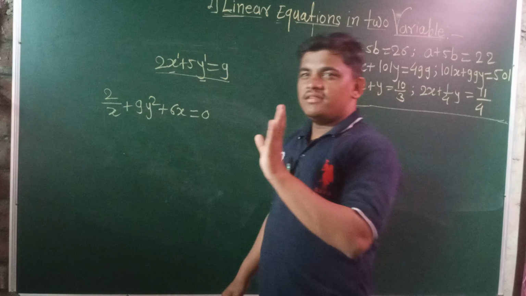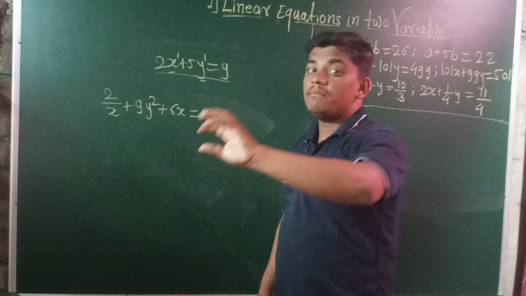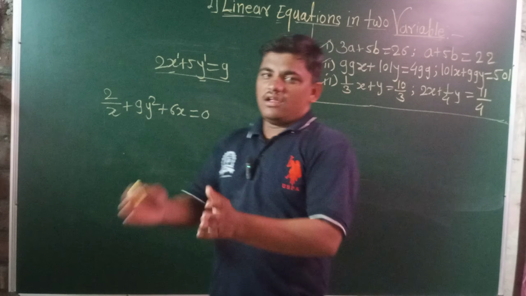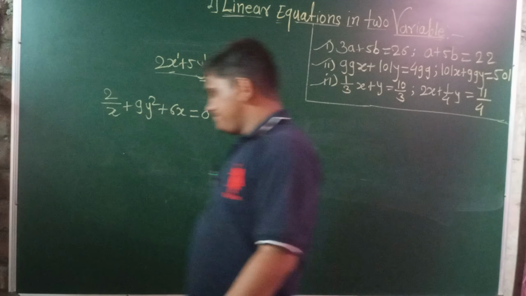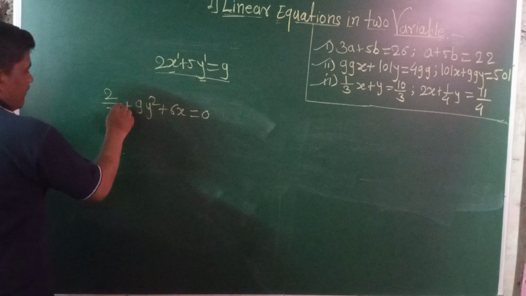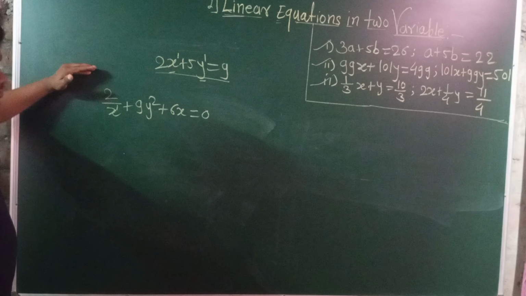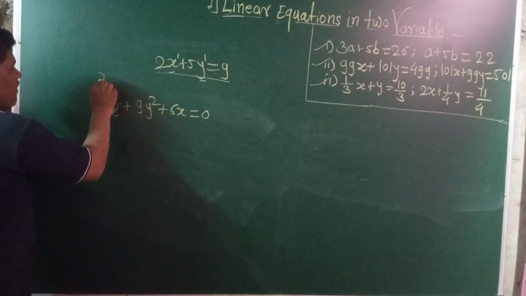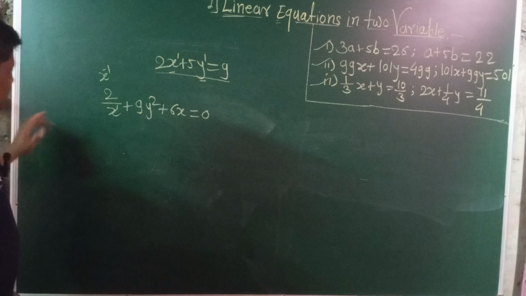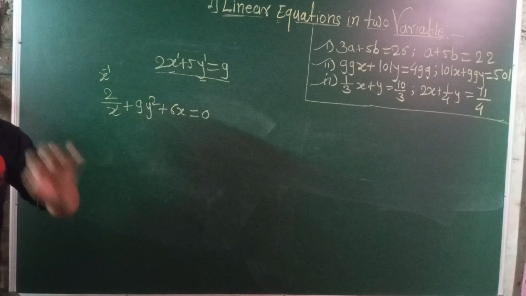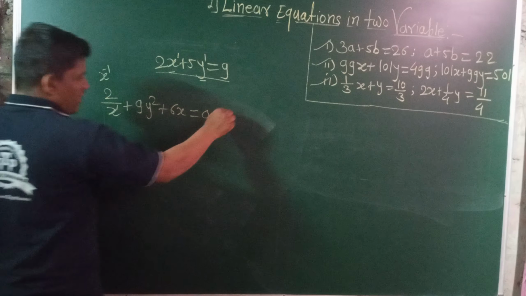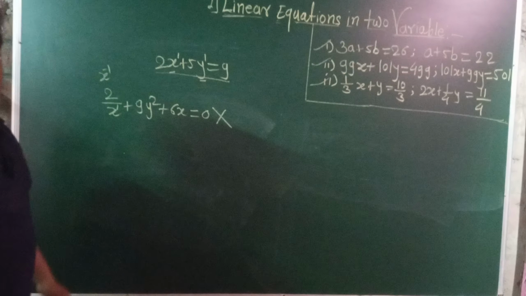If the power of the variables is 1, then these equations may be linear equations. Then calculate the other terms. In that equation, the power of x is 1, but x is in the denominator. When it goes to the numerator, the power of x is -1. The -1 is not 1, that means this equation is not a linear equation in two variables.